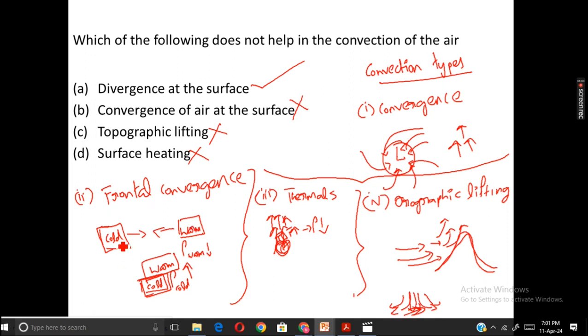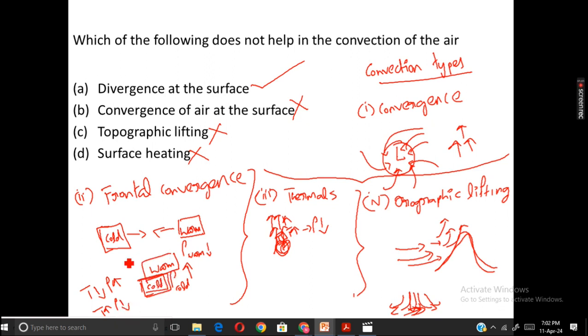As these two air masses approach each other, once they meet, the cold air mass, which has a lower temperature and higher density, will go down because of its higher density, and the warm air mass, which has a higher temperature and lower density, will go up. It will be lifted.